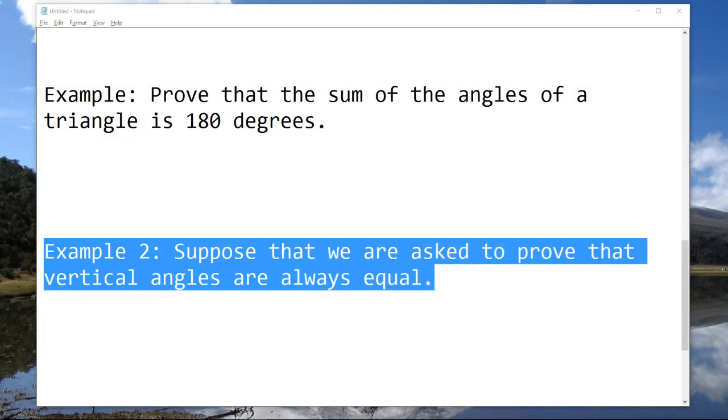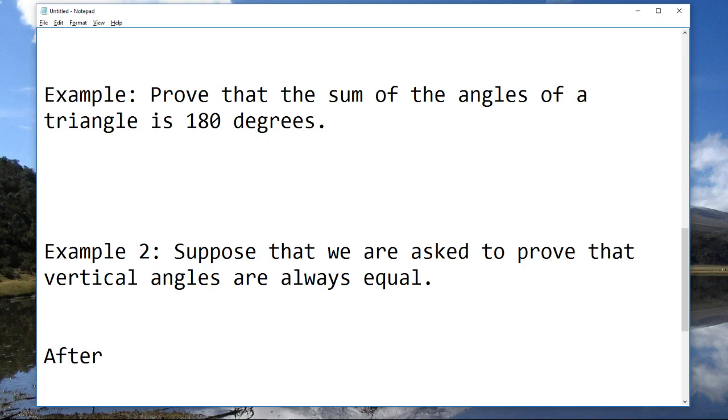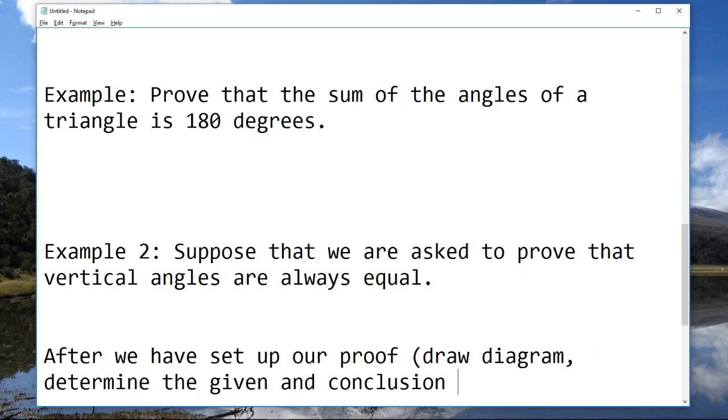Now, after that, after we've made our statement, we've figured out our given conclusion, we've drawn a diagram, what do we need to do next? Well, so after we have set up our proof, draw a diagram, and then determine the given and conclusion, or the prove part.